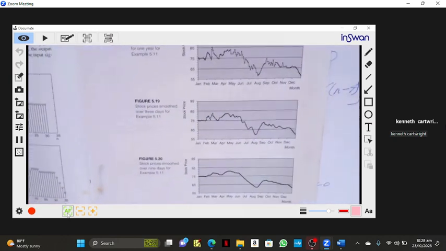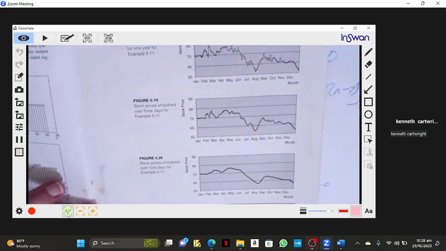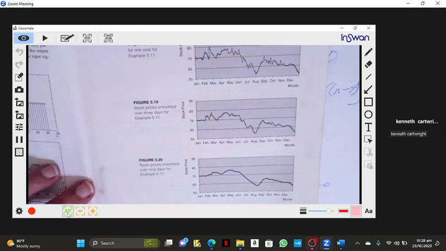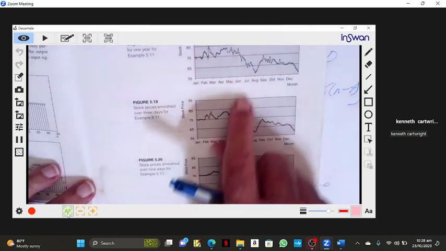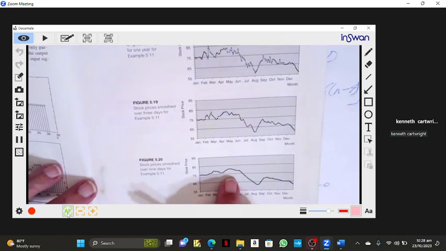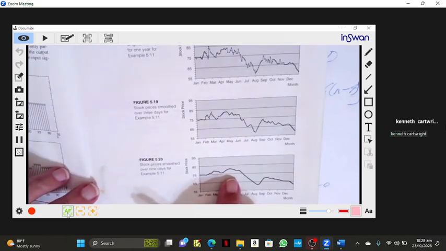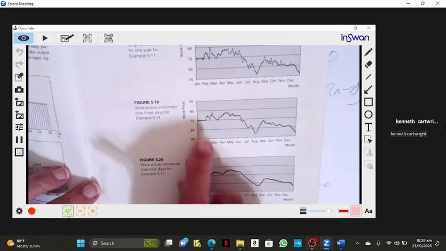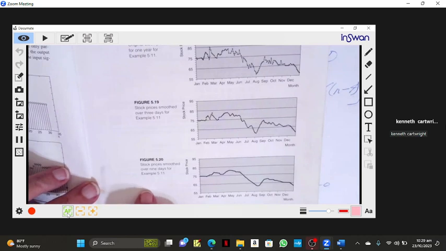Let's look across the page here. I know you all watch the stock market. Up here in Figure 5.18, you see the variations from month to month. This is over a year.